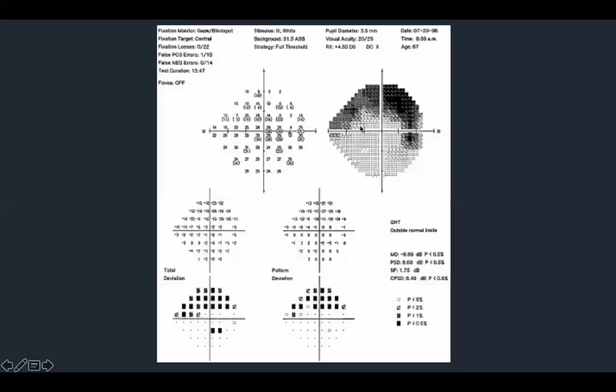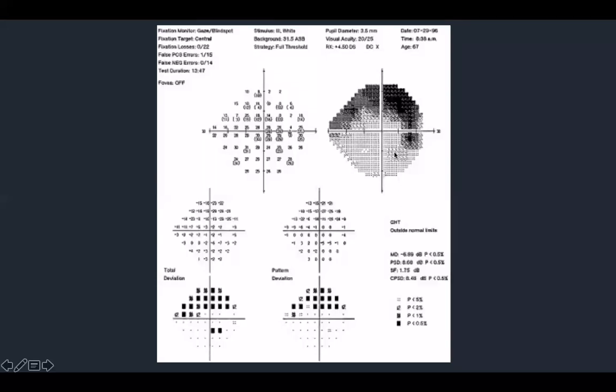Do you know what it tests? I forgot about that. Okay, it tests some points from the superior and inferior field corresponding to each other. Yes, corresponding points.